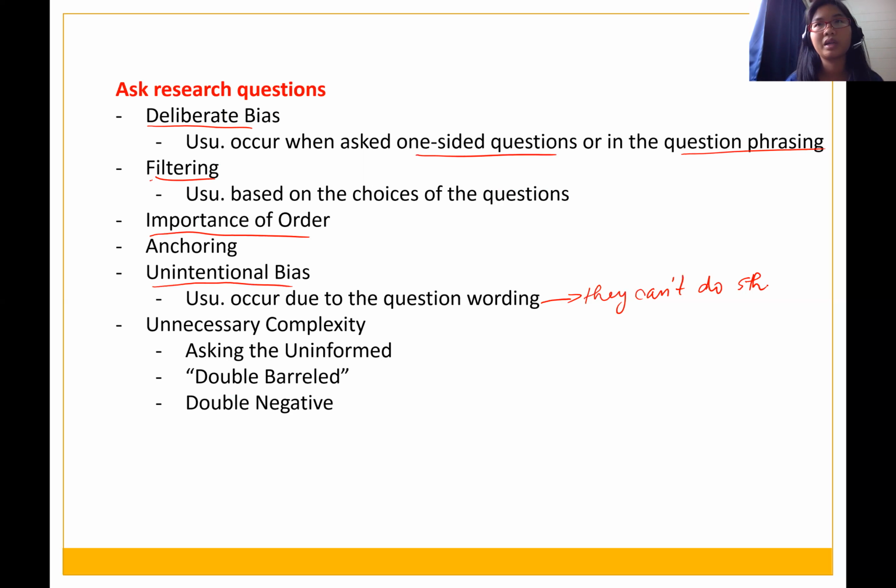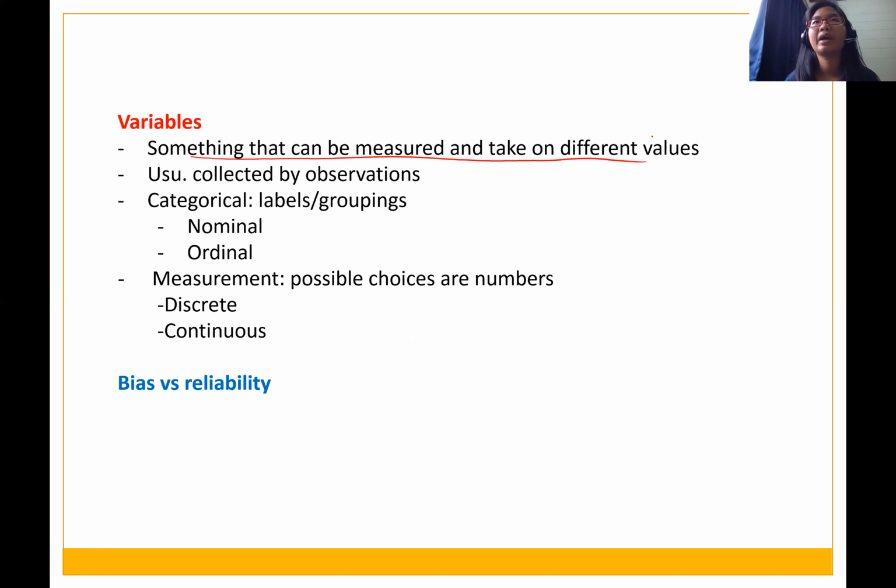Usually it's taken by observations, or you ask them questions, or if you do an experimental study, you get them to be in different groups and put them into different methods, and the data you obtain is based on the observation of that subject's performance or how they behave during that process. There are two main kinds of variables, which are categorical and measurement.